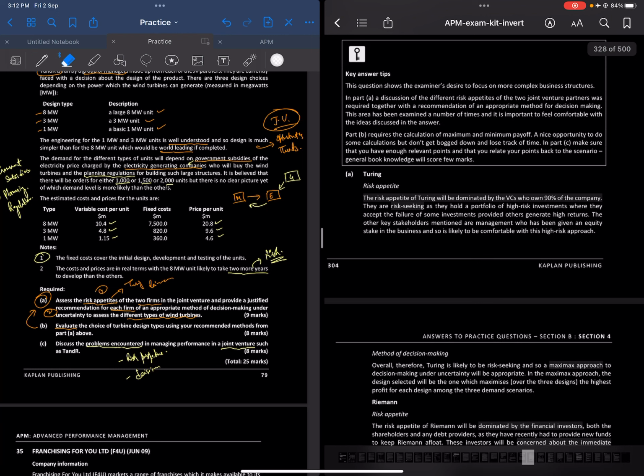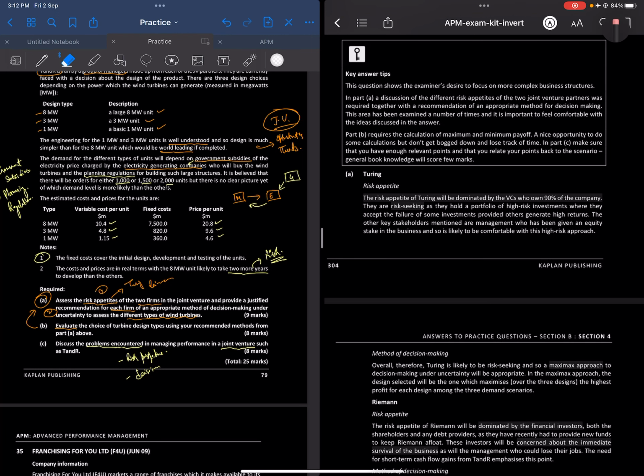So the question shows the examiner's desire to focus on more complex business structure, right? So it's about business structure. So in part A, we are required to discuss the risk appetite of both the JV partners, together with the recommendation of an appropriate method for decision making.